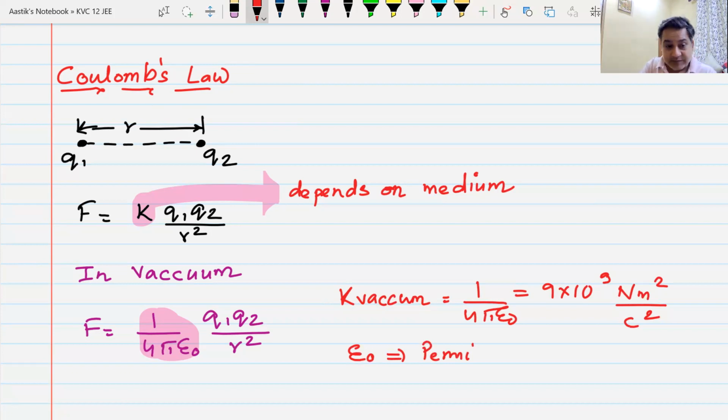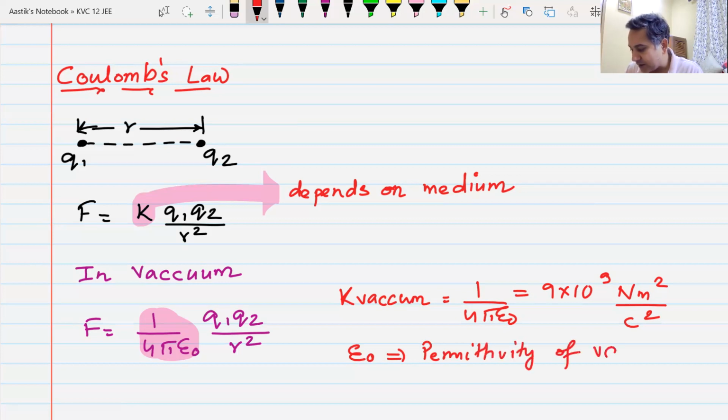Please remember the terms and don't mix them up. Because if you mix them up, beta, then you are going to land up in big trouble. This is known as absolute permittivity of free space.